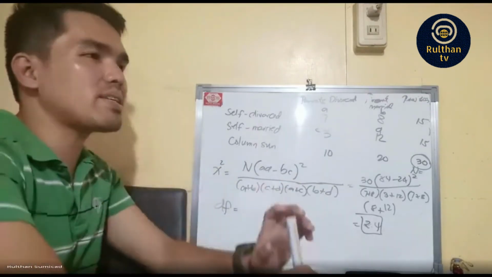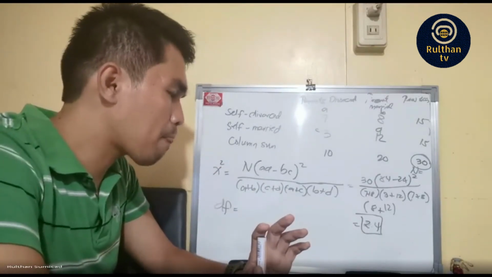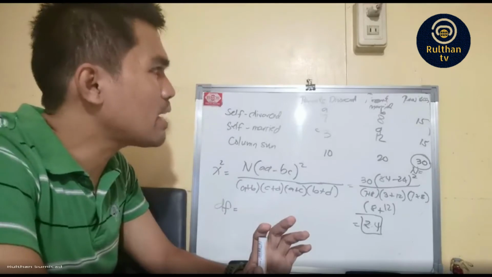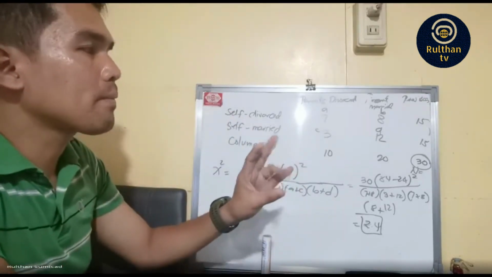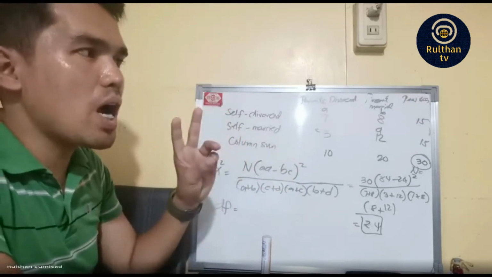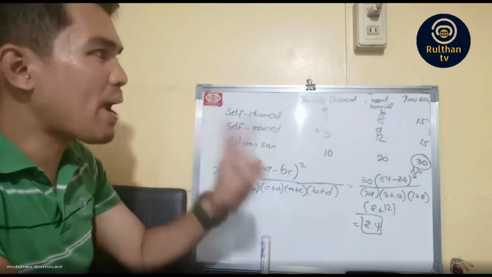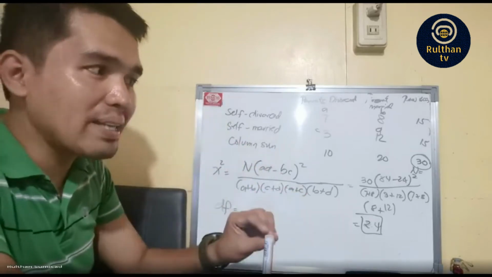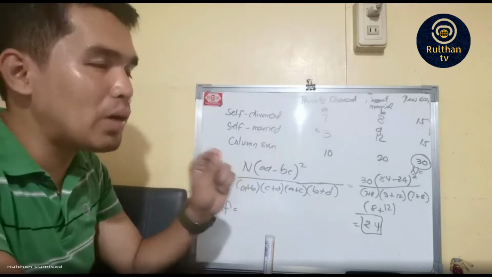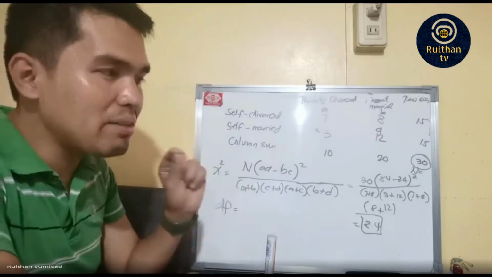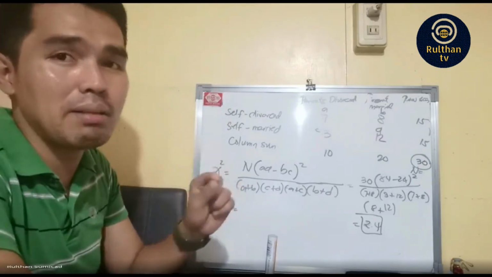The claim being tested here is that women whose parents were divorced before 18 years old would more likely be divorced themselves when they marry someone.